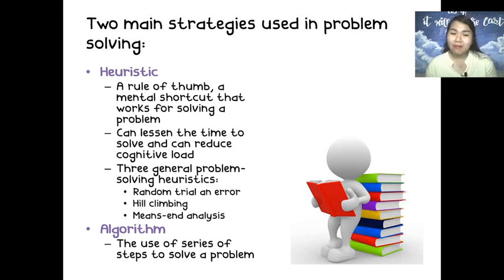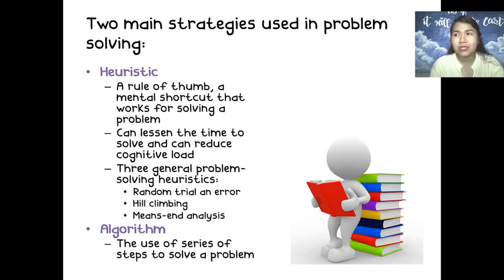Kaya kasi nakaka-invento ng technology kasi there is a problem that needs to be resolved. Okay? Nagkakaroon ng difficulty yung tao na gawin itong isang bagay na to, kaya iniimbento yung technology para mas mapadali yung kanyang trabaho. So that is heuristic. Or it could be algorithm, wherein gumagamit tayo ng step-by-step process or we use a series of steps to resolve the problem.